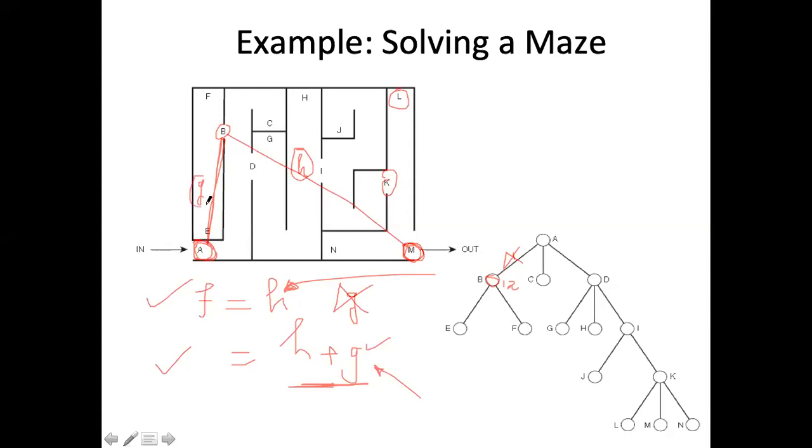And the cost keeping your start node in mind would always be your path cost.